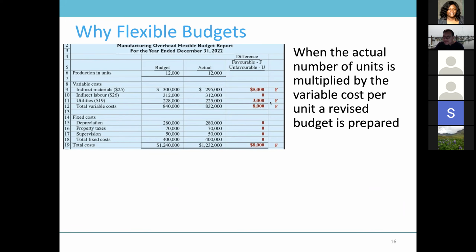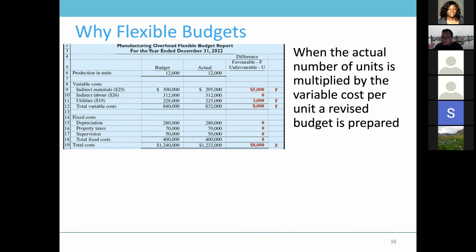So that's interesting, because if you just follow that static report, when you compare 12,000 versus 10,000, all these numbers are unfavorable. But now you realize, actually we are doing pretty well. And for the fixed cost, again, this number doesn't change in the relevant range.